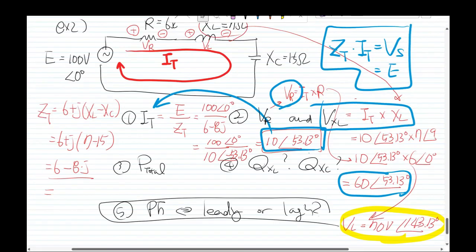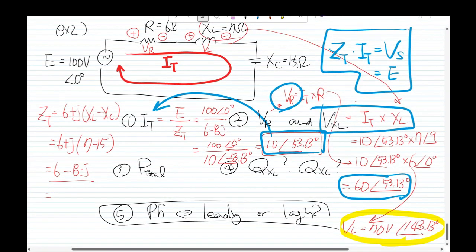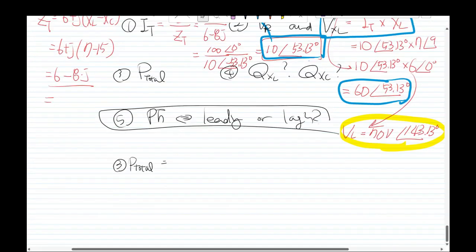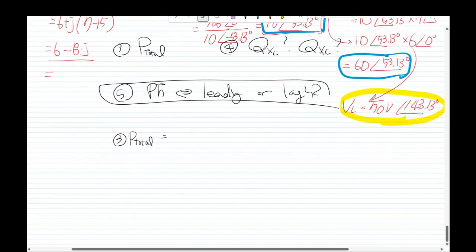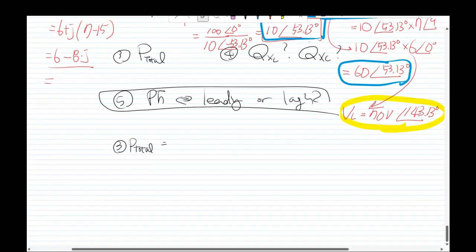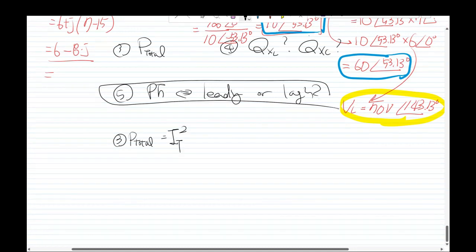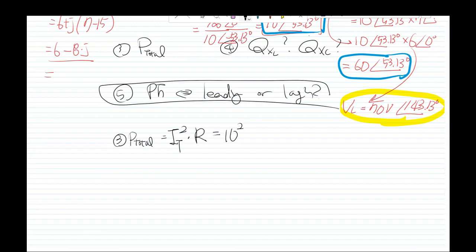So this one. Maybe active power is I square R. I sub T square R. So the I sub T square is 10 square multiplied by R, which is 6 ohm, right?